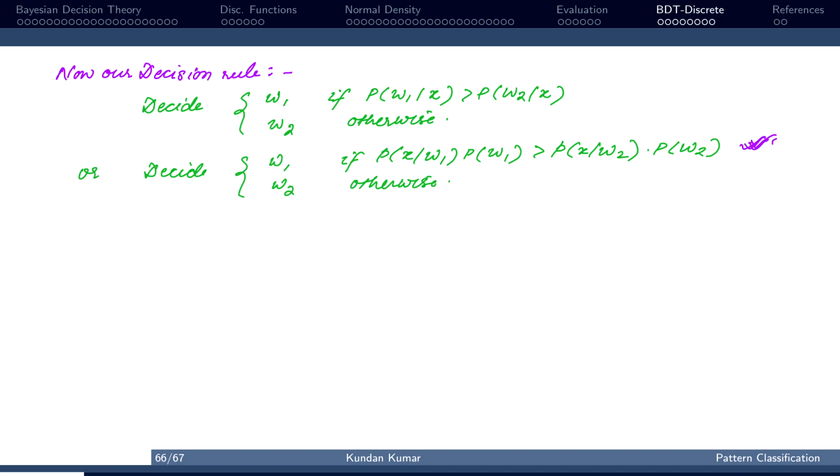So if we make this decision, then what will be our probability of error?